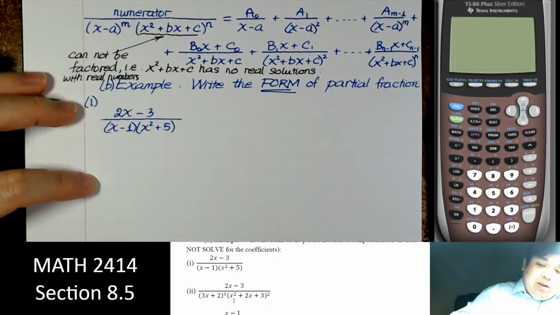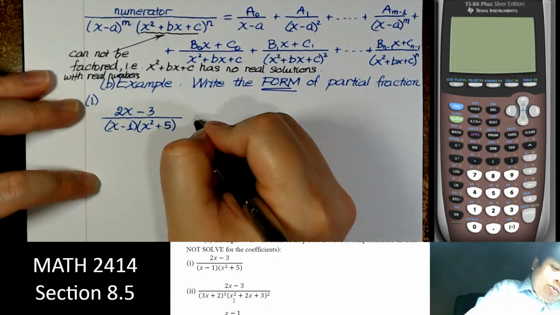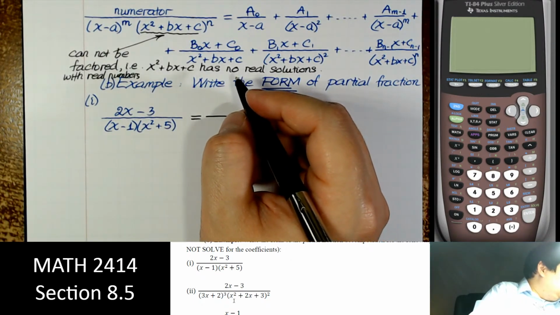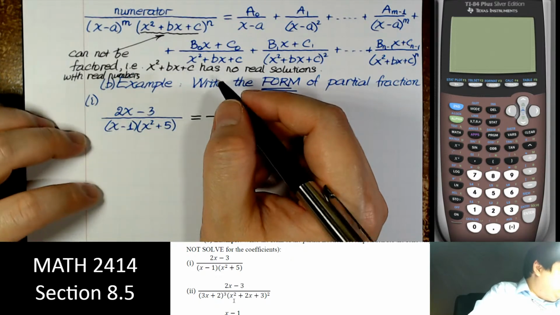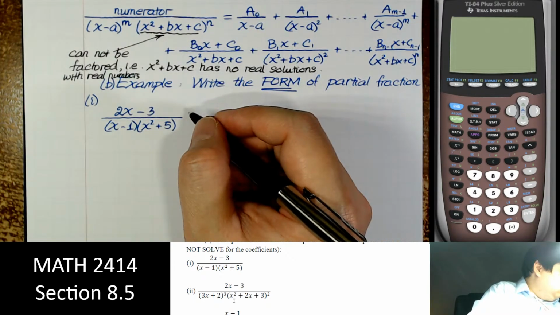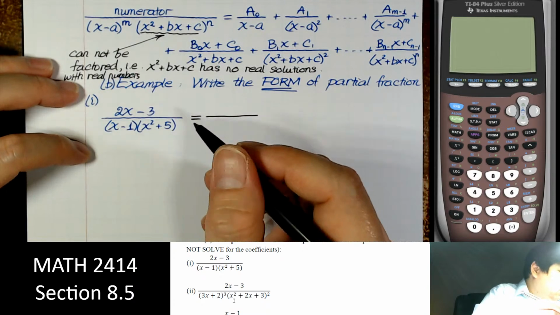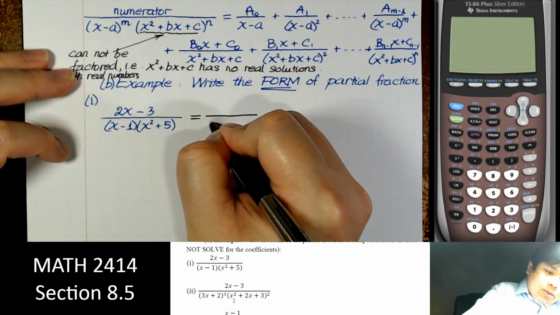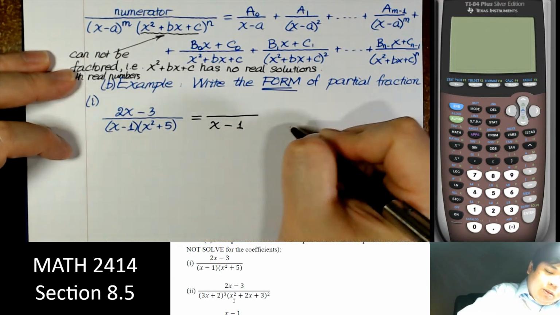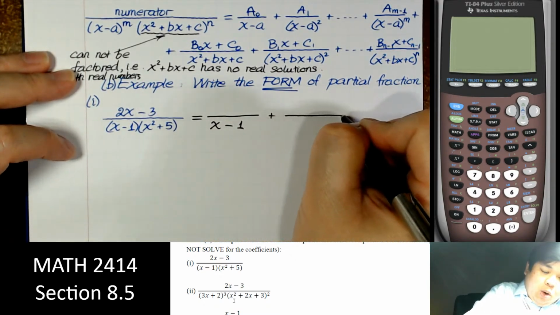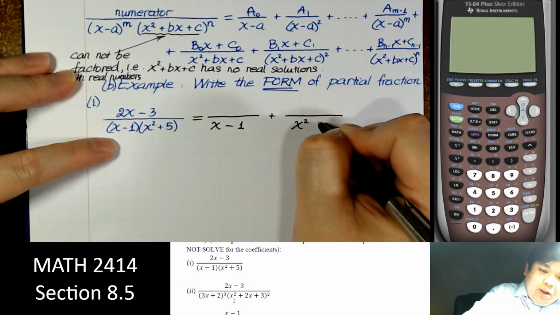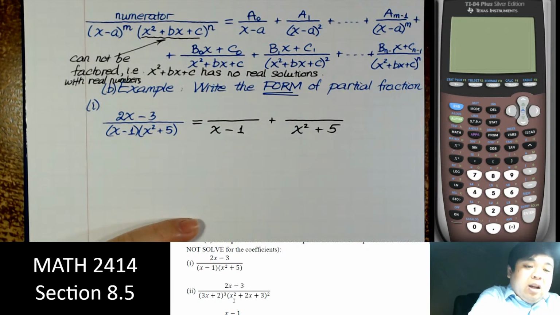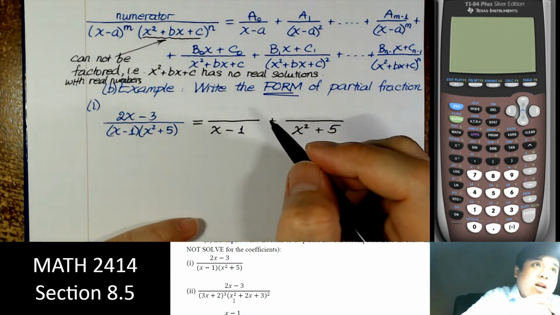Right. Now, this we just write the form. So we have a linear factor, and then the quadratic factor. The power on the top will be 1 less than the bottom.